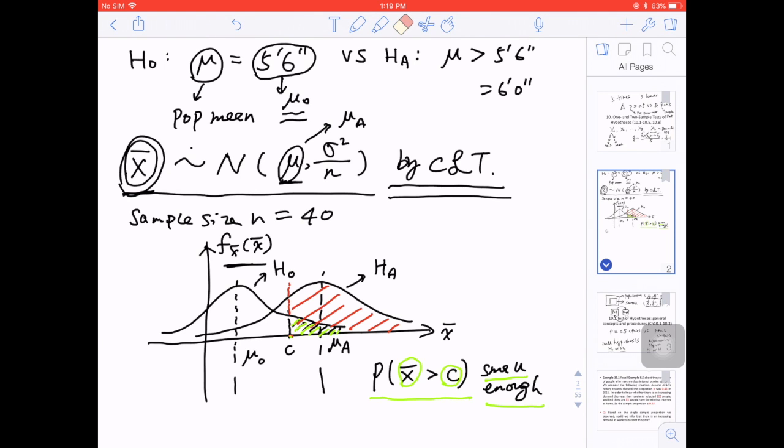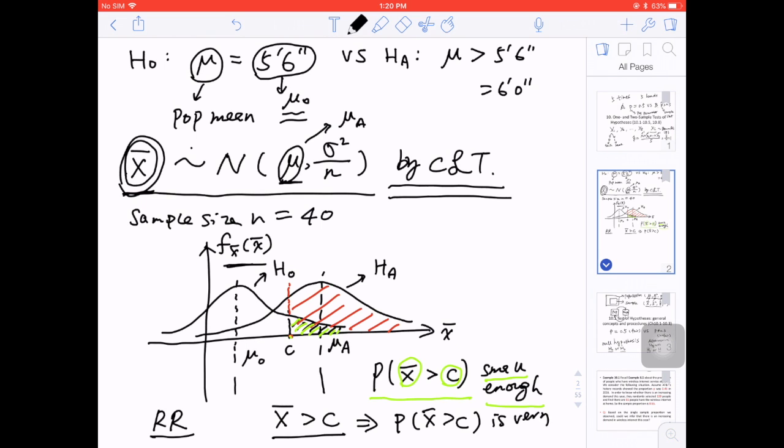This green area is my rejection region. I'm going to use RR to denote the rejection region. If your observed x bar is within this rejection region, which is x bar larger than C, it means the probability that your x bar is larger than C is very small. It's not likely to happen.